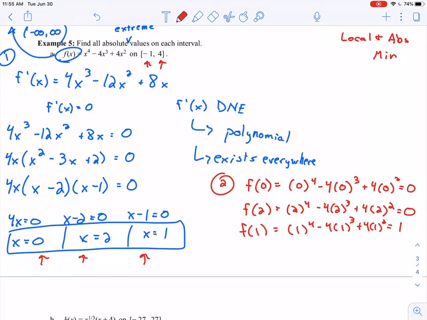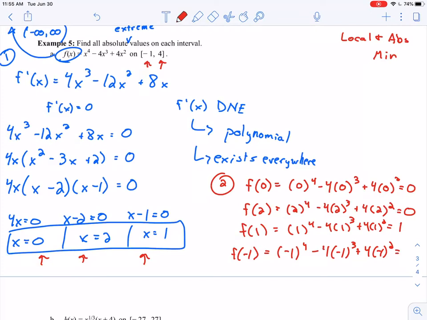So I've plugged in my 3 critical points. I also need to plug in the endpoints of my interval. So I'm going to plug in -1 and +4 as well. So f of -1, this is -1 to the 4th power minus 4 times -1 to the 3rd plus 4 times -1 squared.